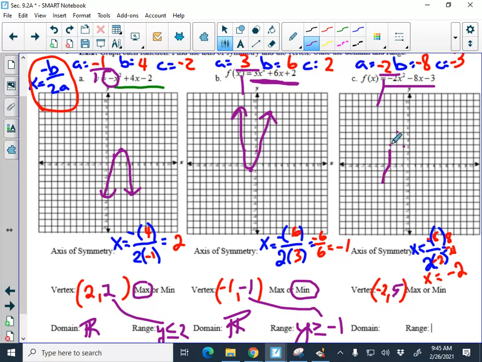And we graph it. Maximum or minimum point? Maximum, good. Domain is still all reals. Range is Y is less than or equal to 5. Okay, you see a lot of similarities once we get to that point to the last unit, right?